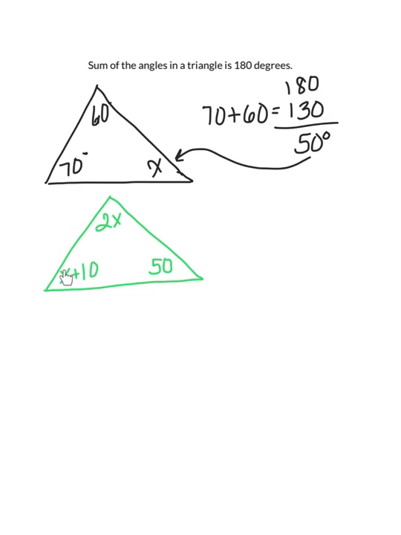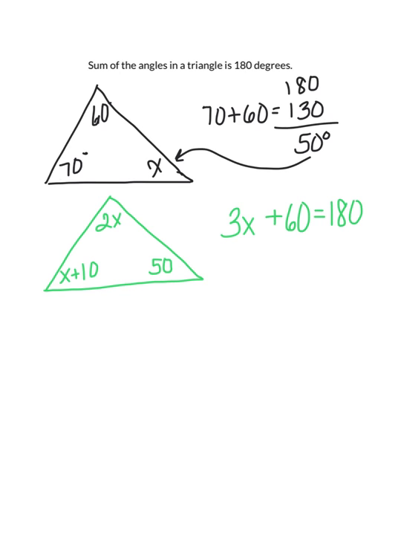So I'm going to add the x and the 2x together first, which gives me 3x. Then I'm going to add my two numbers together: 10 plus 50, which is 60. Plus 60 has to equal 180.